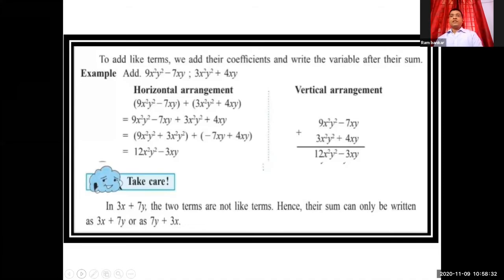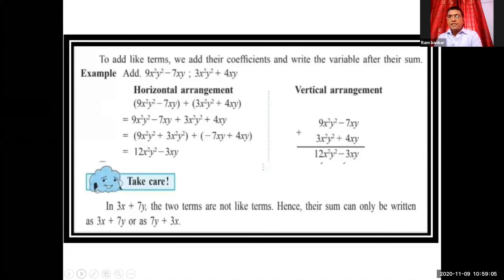So in the next step, we add the coefficients, okay, and write variables as it is. Look at the first bracket, 9 plus 3, 10, 11, 12. So 12 coefficient is given, and we have written variables same as it is. Don't be confused here. Write variables as it is. If the variables are like or same, write as it is and add only coefficients. 12x square y square minus.